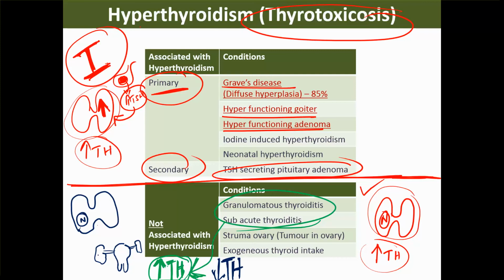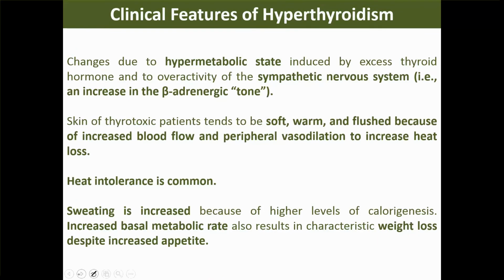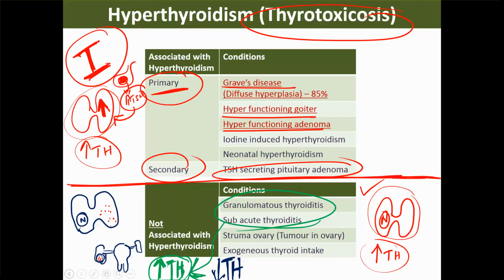So this ovary is a little bit large. It is having a tumor, and this tumor is full of thyroid follicles, like what you see in the normal thyroid gland. So this tumor is called struma ovarii. It is a type of monophasic teratoma. What happens? They secrete T3, T4, increase the thyroid hormone, and that causes hyperthyroidism. Okay, it's a kind of ectopic hormone.